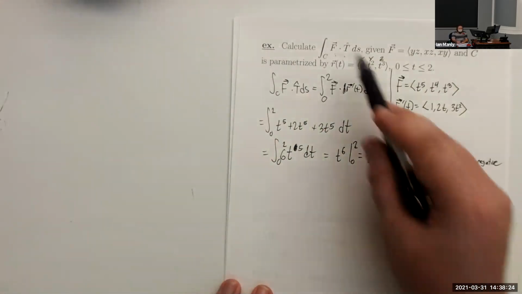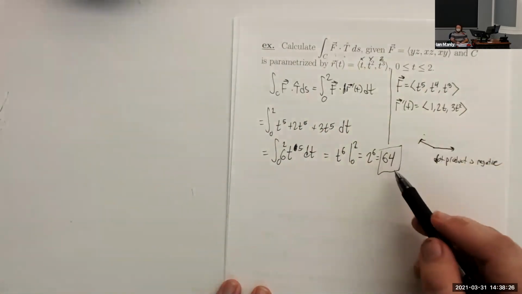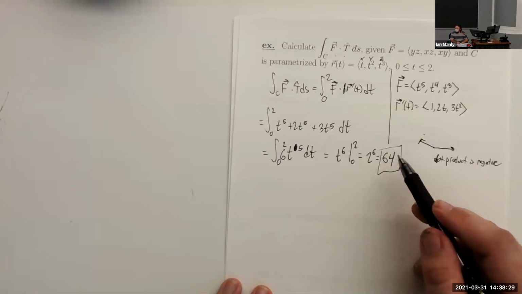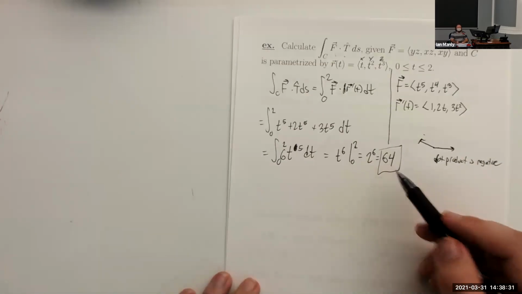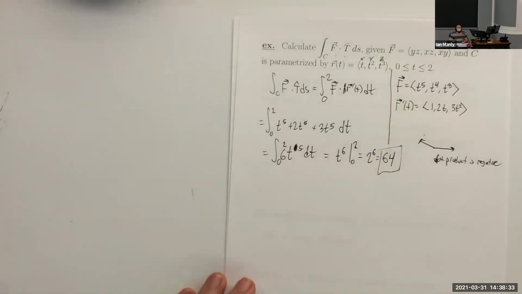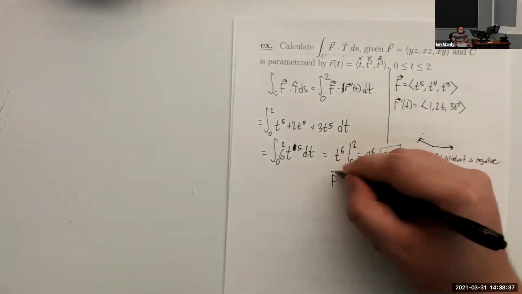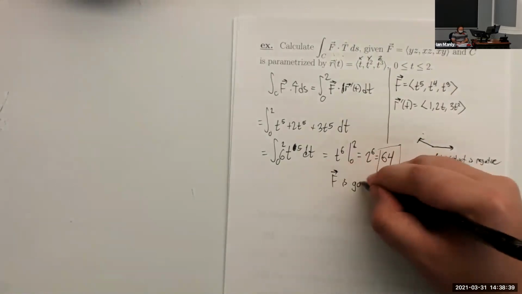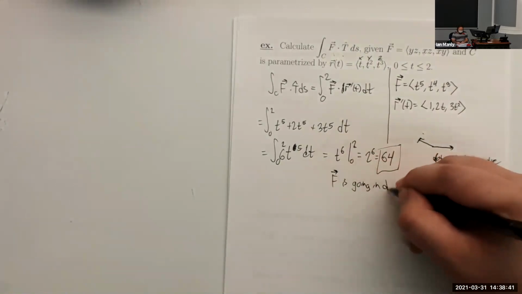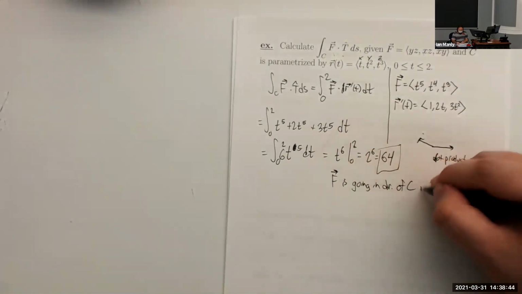If it were going in the opposite direction of the curve, we actually would have ended up with a negative result for this, because our dot products would have mostly been negative, and we would have accumulated more negative than positive. So this means that f is going in the direction of C in general.